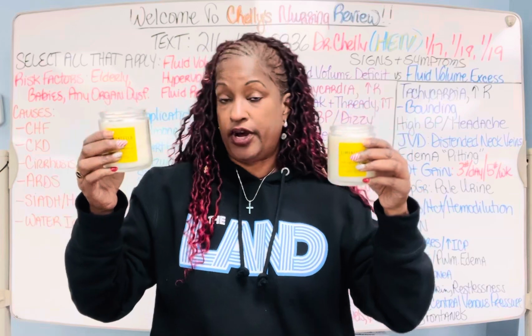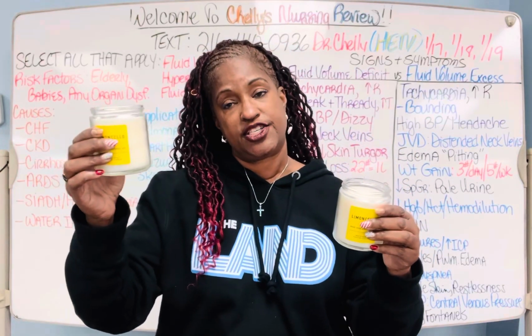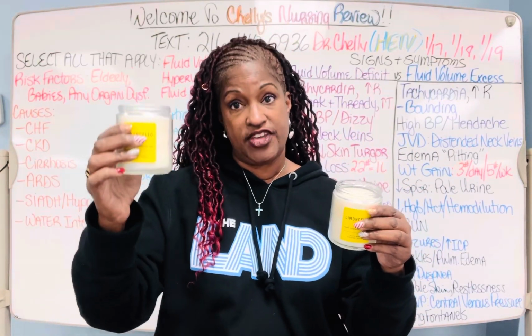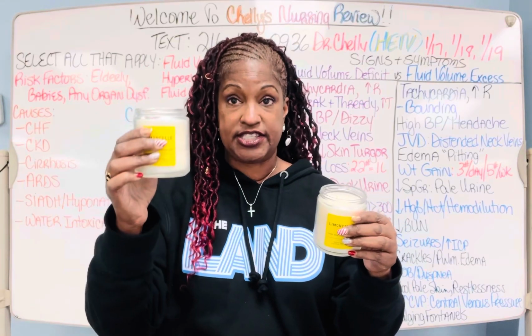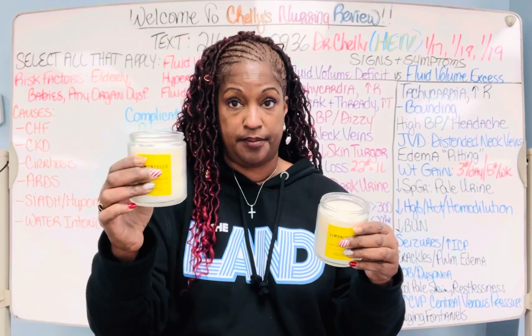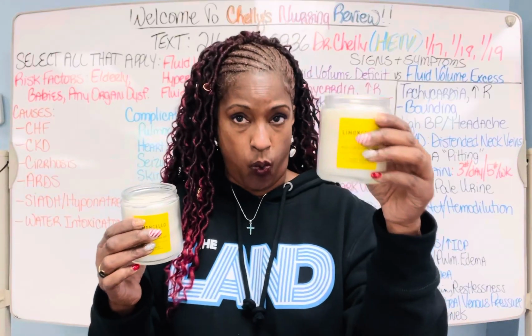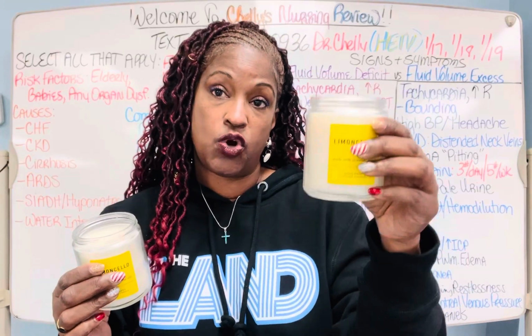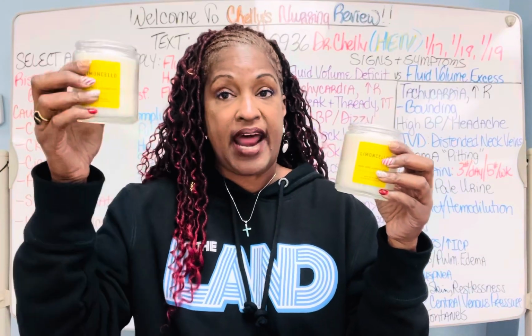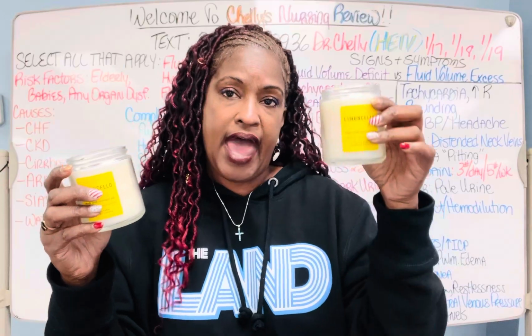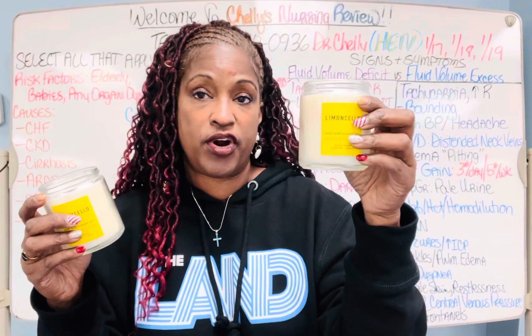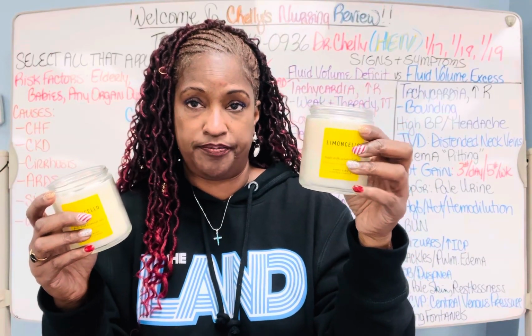I want you to think about it. If I put 1 teaspoon of salt or sodium in this container in my right hand, and 1 teaspoon of salt or sodium in this container, but I fill this one with water till it's overflowing, and I just put 1/4 cup of water in this one.